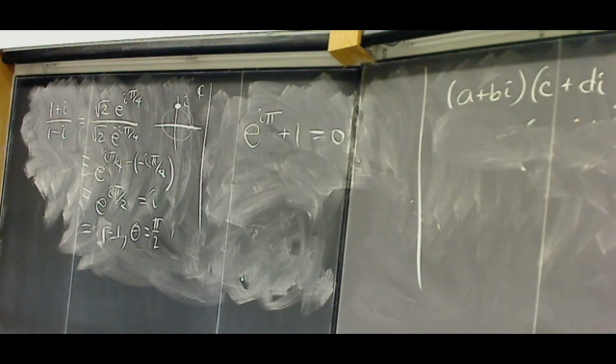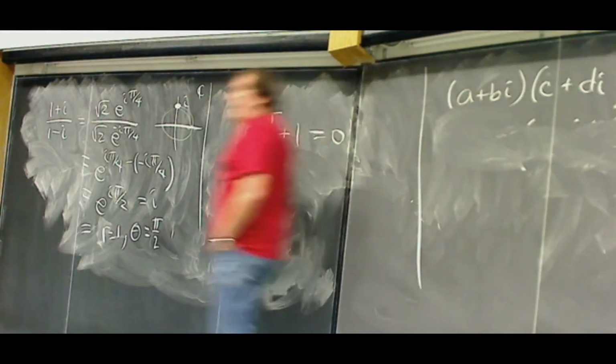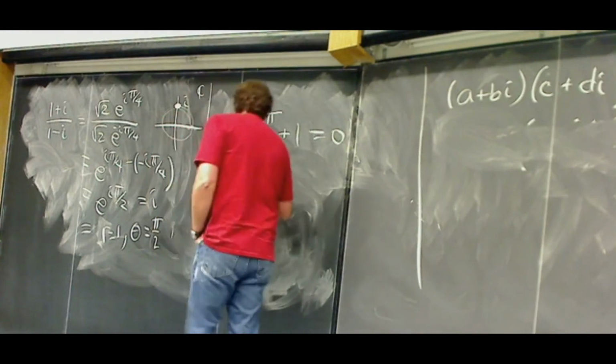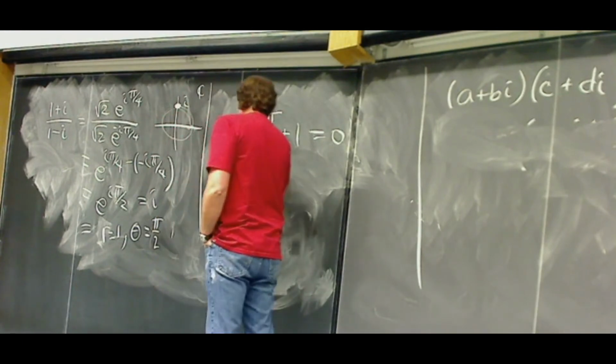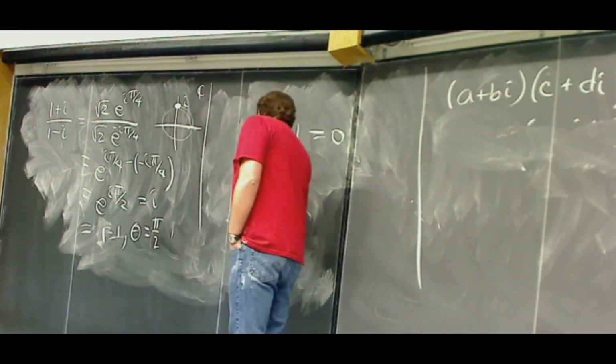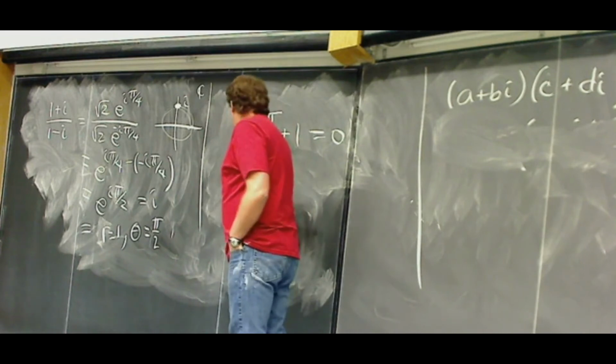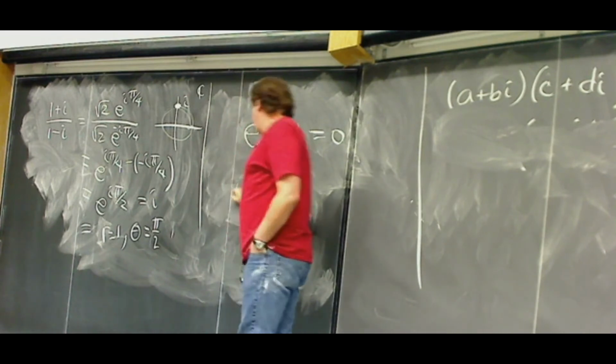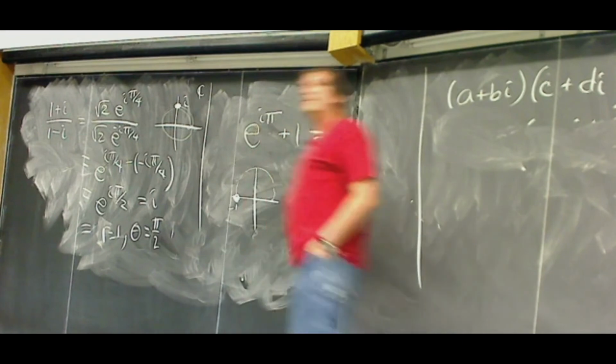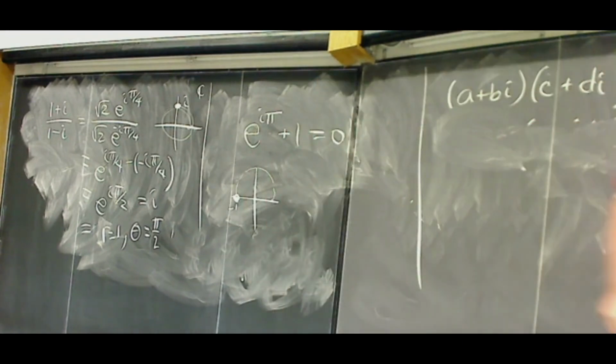Why? Well, e to the I pi is just saying we go out a distance of 1, and we take an angle of pi, and we wound up here at -1. So this is a nice famous formula called Euler, yeah?